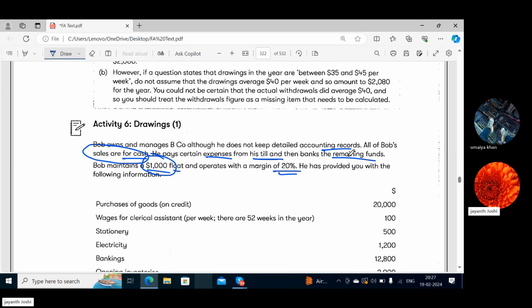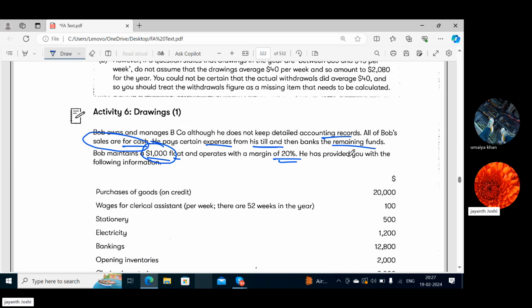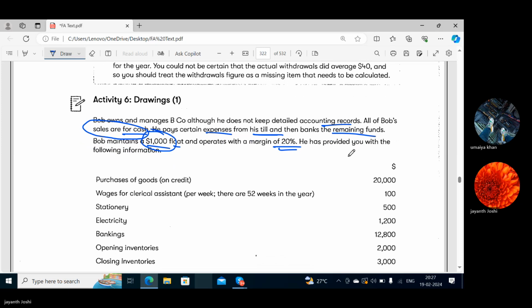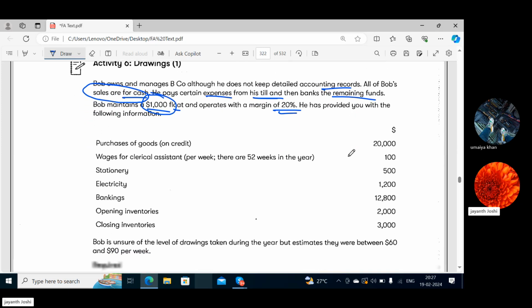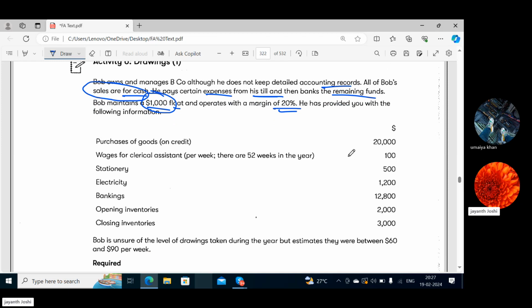He has provided you with the following information. Purchases, all on credit, are 20,000. Wages for clerical assistant 100 per week. 52 weeks are there. That means total will be 5,200, 52 into 100. Stationery expense 500. Then electricity expenses, banking. This much amount is deposited into bank. This is opening inventory, closing inventory.